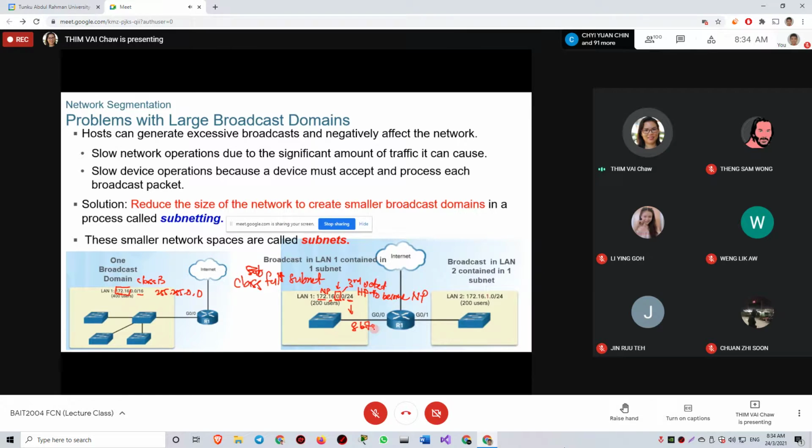He borrowed the entire byte and changed it to a network portion. So 2 to the power of 8 means you have 256 networks.